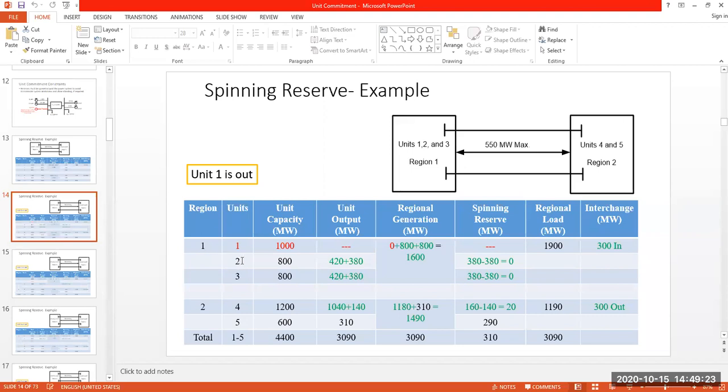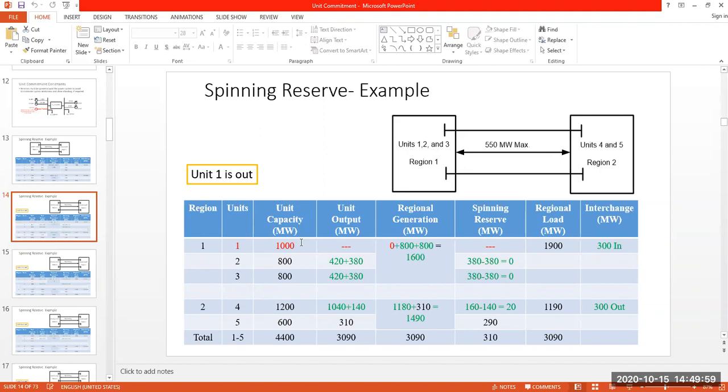Again, for unit 2, if unit 2 is out, they will try to satisfy the missing generation from the spinning reserve available from region 1, and so on up to unit number 3. And for units 4 and 5, they will try to fill up the gaps with the help of the spinning reserve of region number 2 first, and then they will look for help from the other region. You get my point?